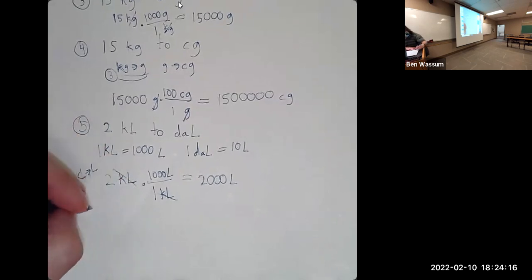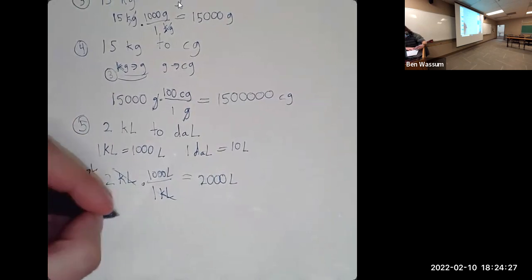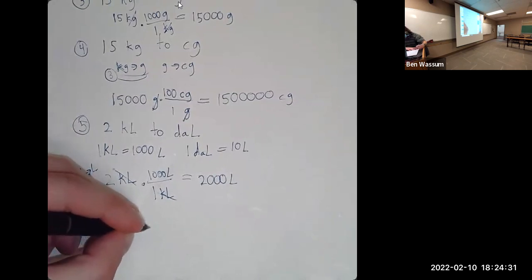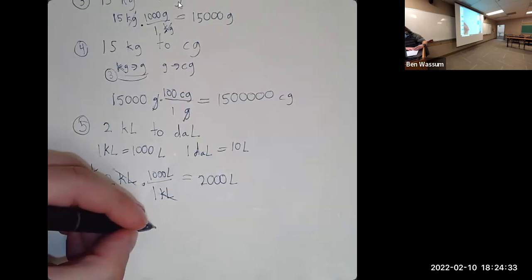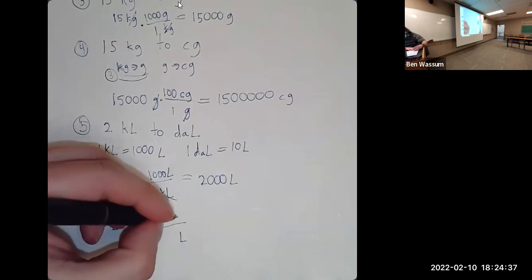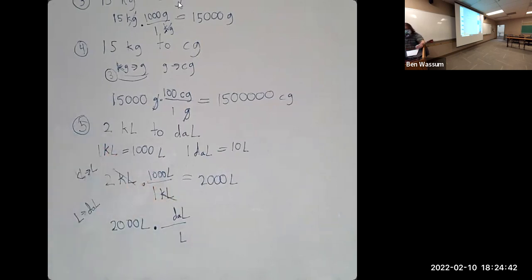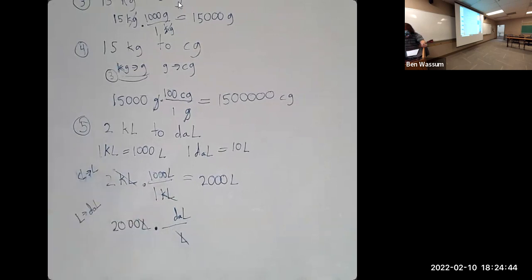Okay, so now we want to go from liters to decaliters. All right, well, we start off with what we ended here. We're at 2,000 liters. We're going to have to multiply it in such a way that liters is on the bottom and decaliters is on top. That way the liters will cancel, right?